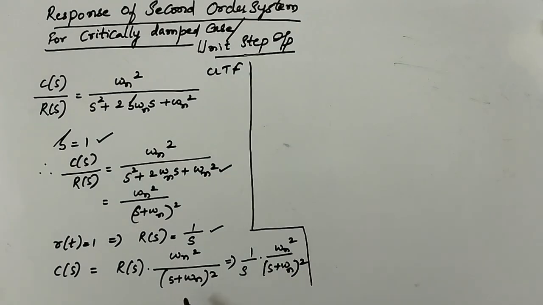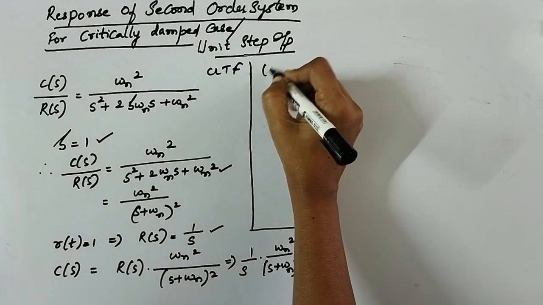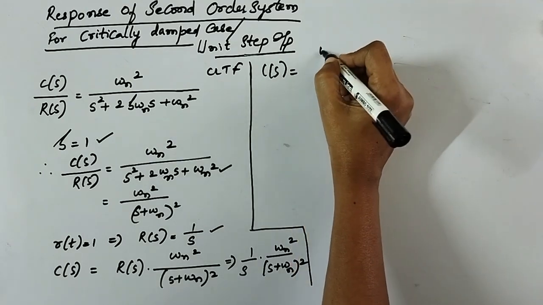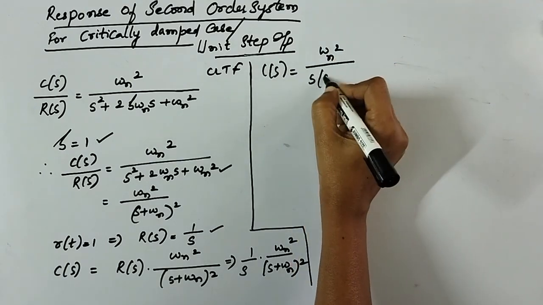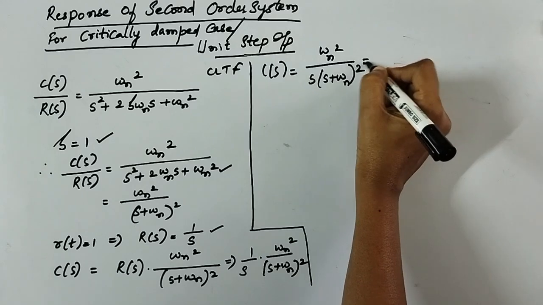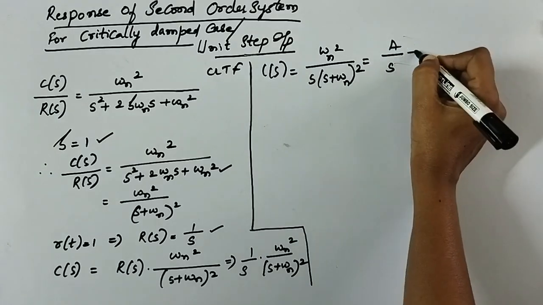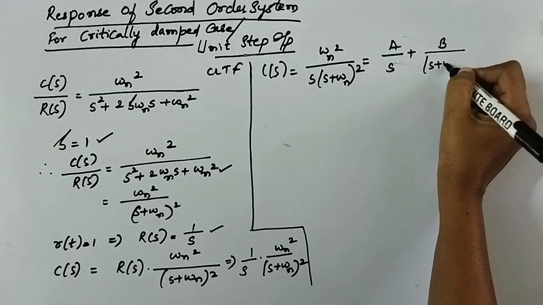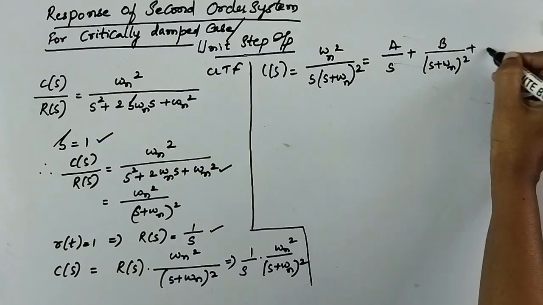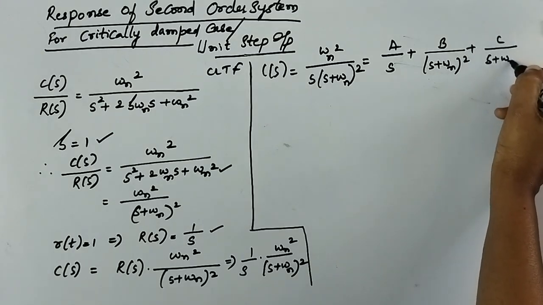Now for this, by partial fraction expansion, we can write C(s) = omega n square / (s (s + omega n) whole square) = A/s + B/(s + omega n) whole square + C/(s + omega n).